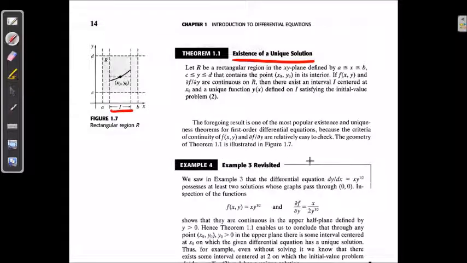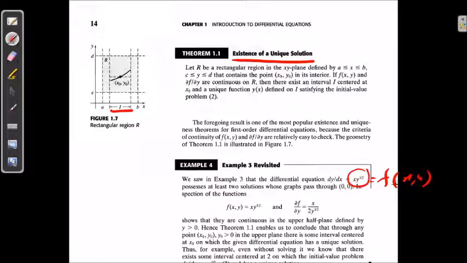Now let us come to the example, dy/dx equal to xy to the power half. Here the right hand side of this differential equation is the function f(x,y).